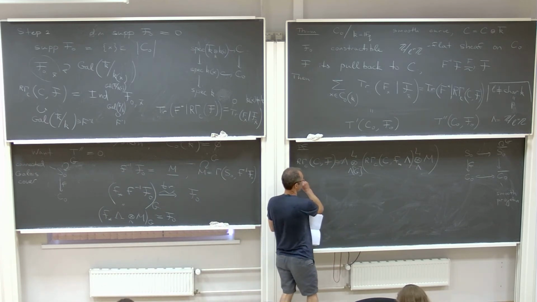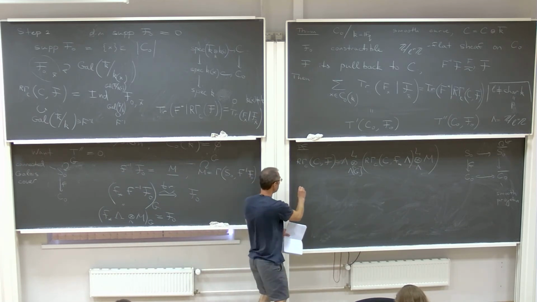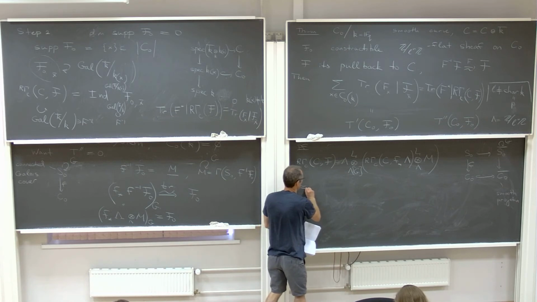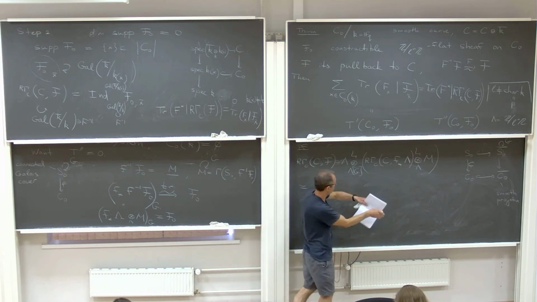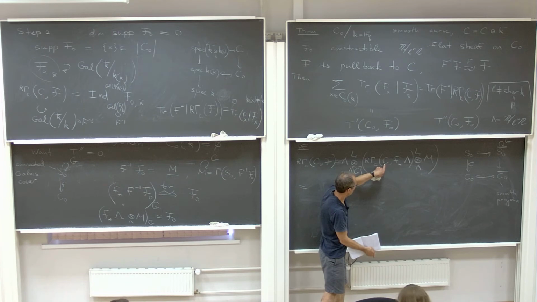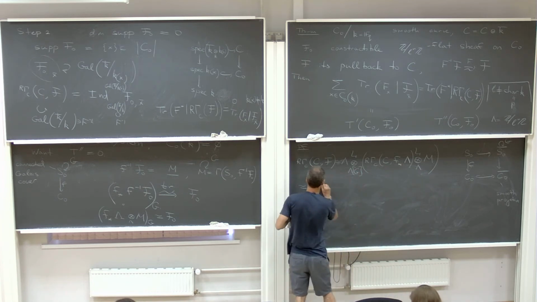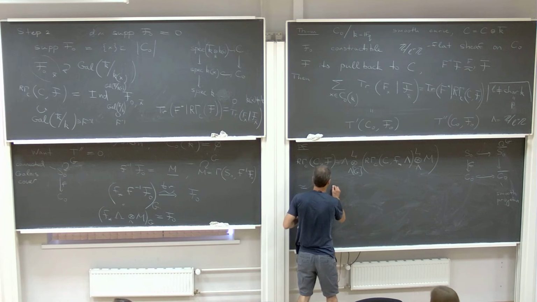Okay? So let's do one more observation. So let's observe, so here I have the homology of C with coefficients in direct image. So this will be lambda coinvariance.